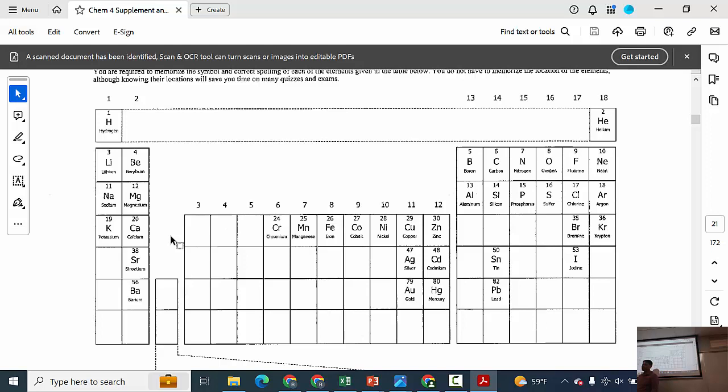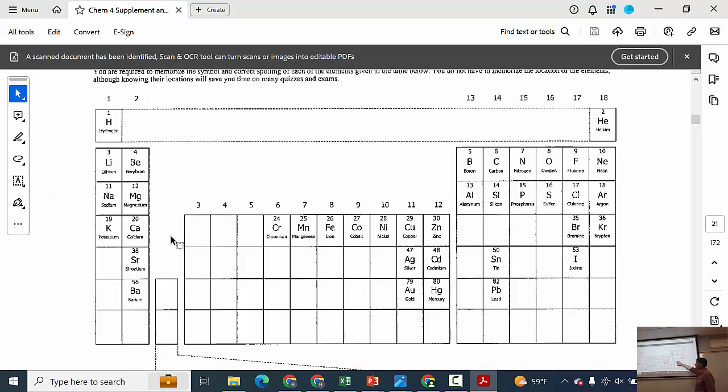I don't know. I had a student that always wrote sodium chloride as natrium chloride for NaCl. So it depends on where they are. So you'll see that.